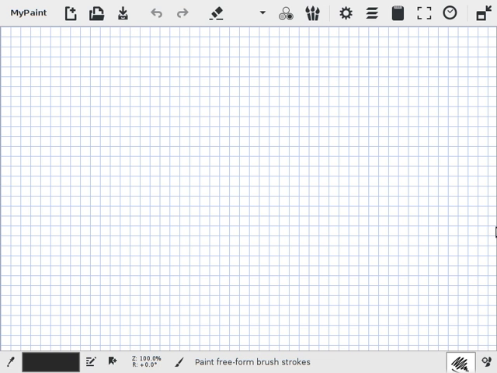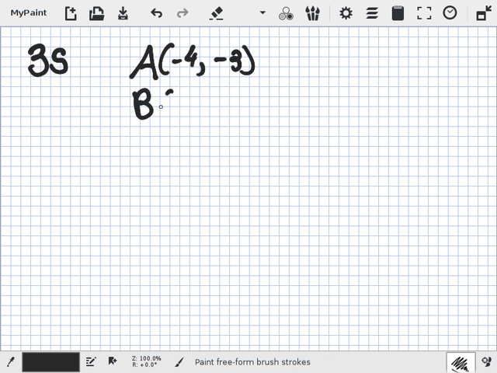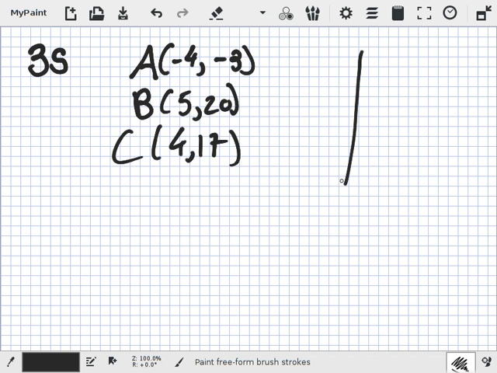Alright, so this is on page 4 now, 3F. Let's see, what have we got? We've got A (-4, -3). Okay, let's very roughly draw this.